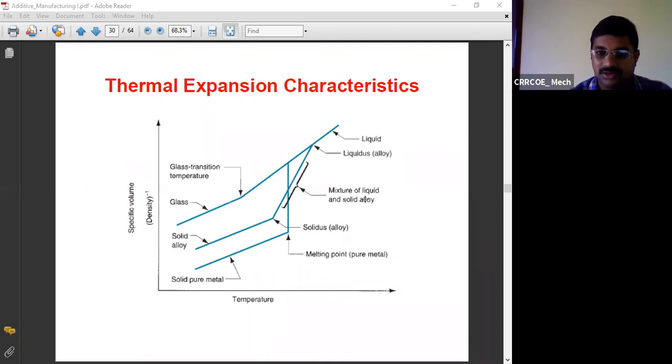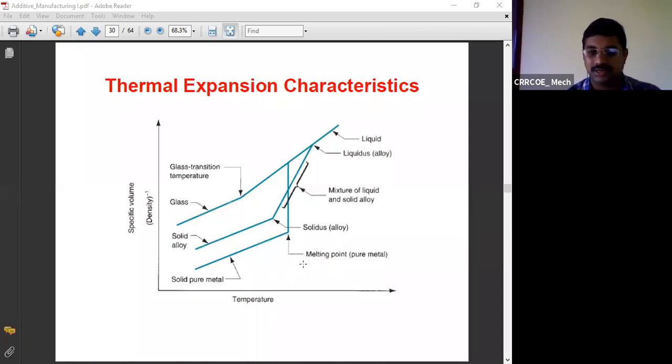These are a mixture of liquid and solid alloy. So here, pure solid, solid pure metal. Alloy means a mixture of metals.